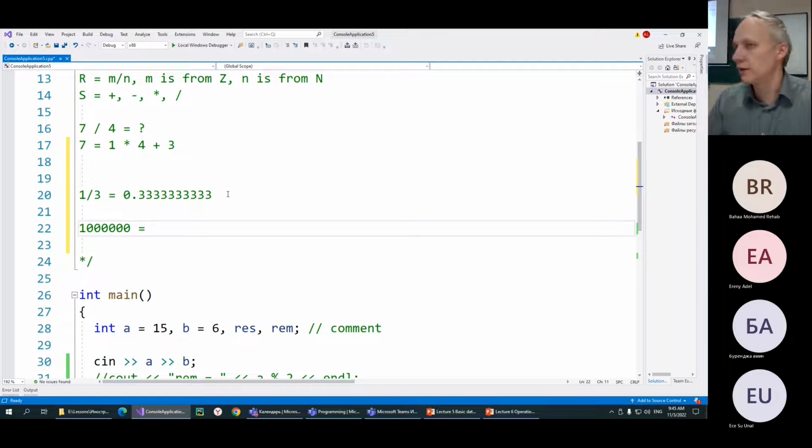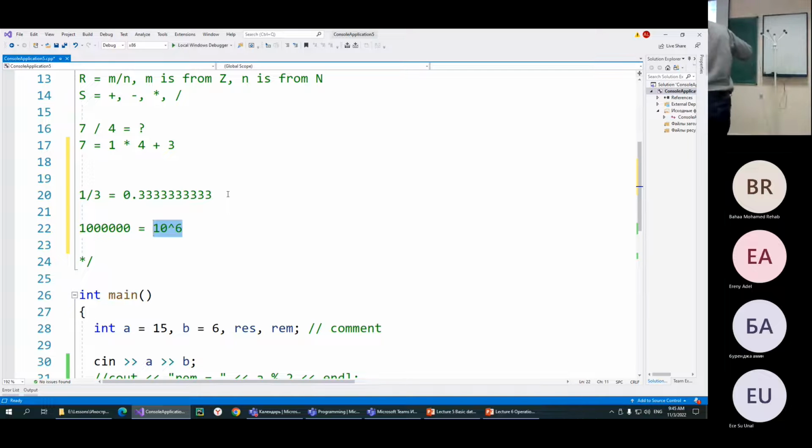How can I write this number in another form? 10 times 10 times 10, 6 times. In mathematics, we use this notation: 10 power 6. So I can write this number in a very short form, 10 power 6.